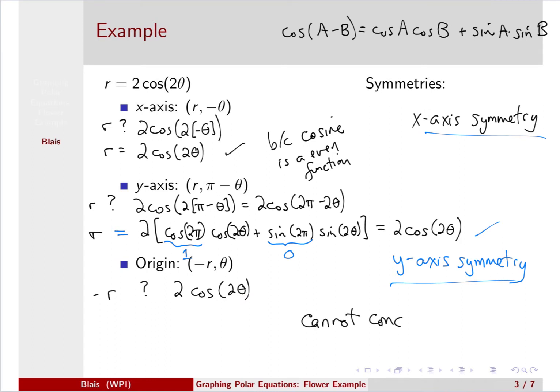And again, this doesn't mean it's not there. There are infinitely many ways to characterize the point r, theta reflected through the origin. This is just one of them. So this doesn't mean that the origin symmetry is not there. It just means we could not detect it.